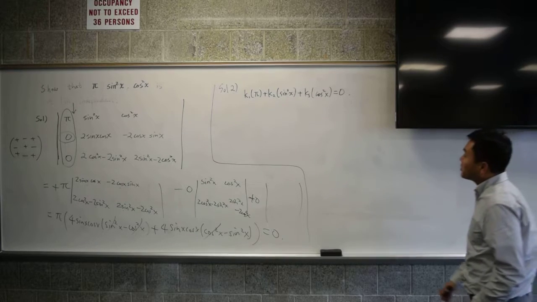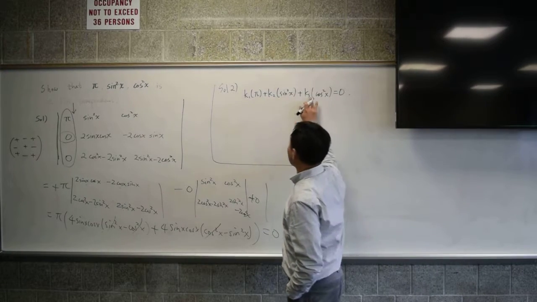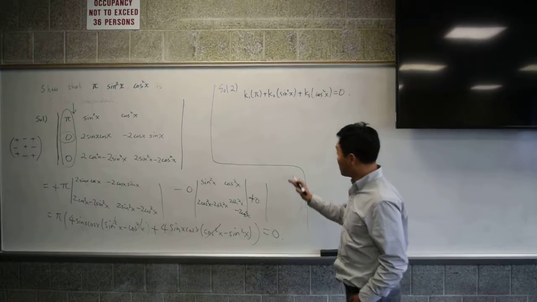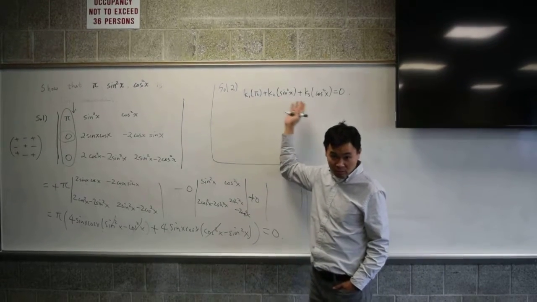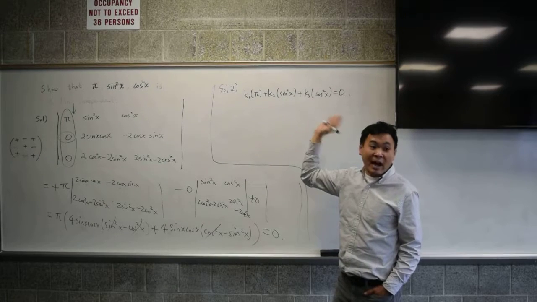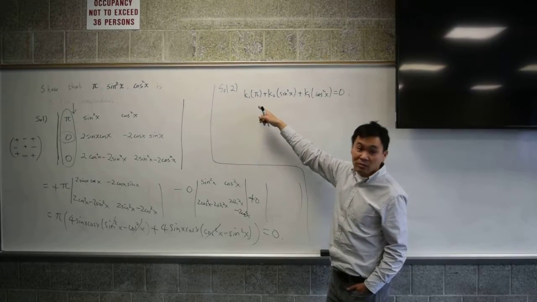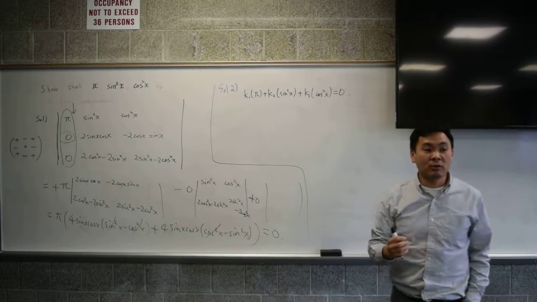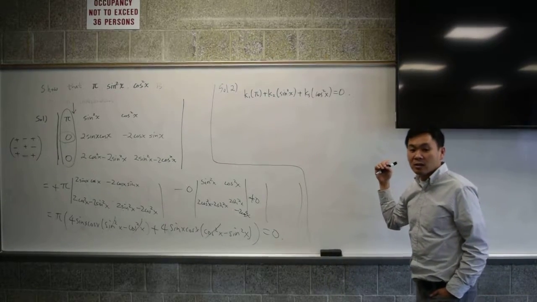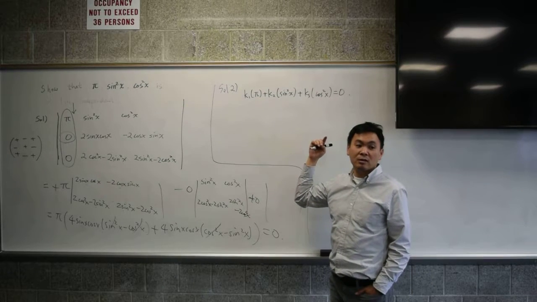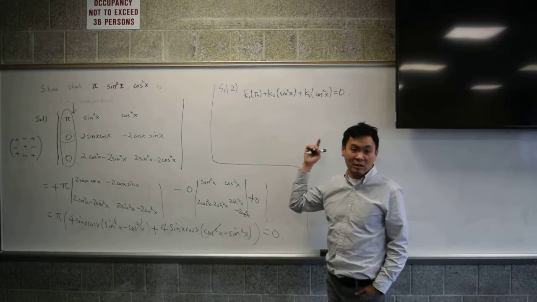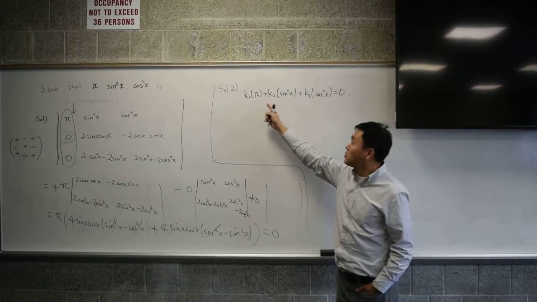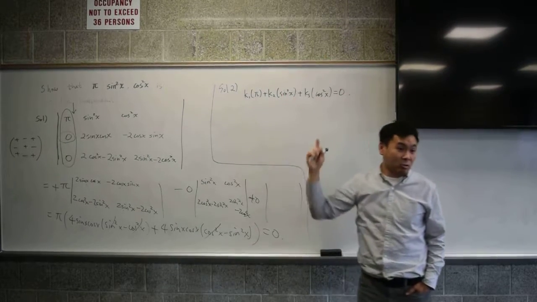Now, we already know that 0, 0, 0 would always work, but if there is a set of numbers K1, K2, K3, which are not all zeros, which satisfy this equation, then it means that these three functions are linearly dependent. Independent means that this can only happen if all of K1, K2, K3 are 0.